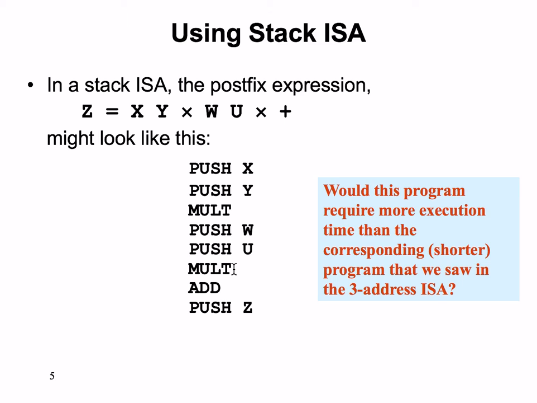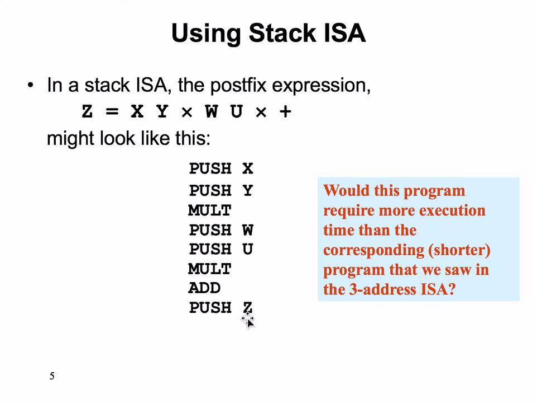So now the stack has only the result of x times y plus w times u. Once we perform the addition, we have the value on the stack, and now we perform the pop z. It means you take the value on top of the stack and put it into the variable z.